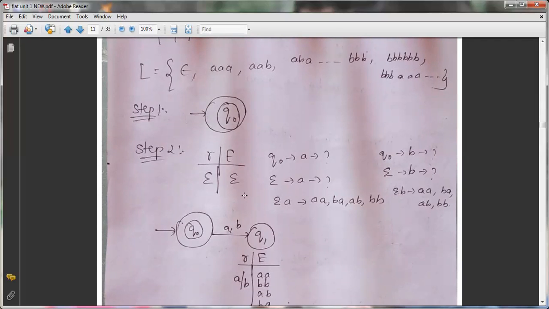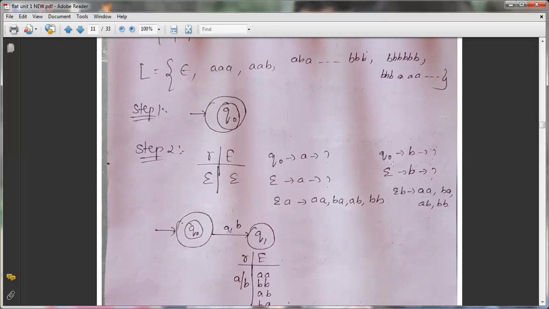So Q naught on A is going to where? We don't know. What is the read value for Q naught? Epsilon. On A is going to where? We don't know. Epsilon A is there. But how many A's do I need again? 2 A's I need. How many B's do I need? 2 B's I need. How many B and A do I need? BA or AB I can have.